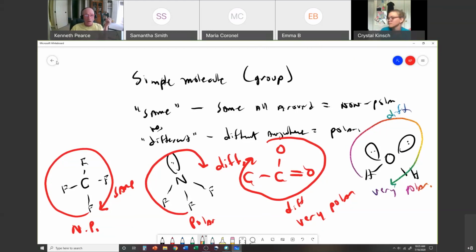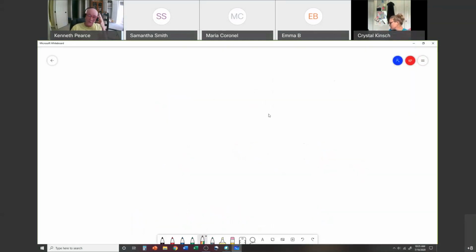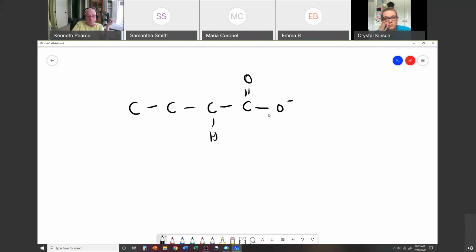Within a molecule, particularly when you get into organic stuff, you can see this situation right here. Let's say we have this molecule with a bunch of hydrogens hanging off, and you have the carbon with the double bonded oxygen, and the carbon with the oxygen ion.